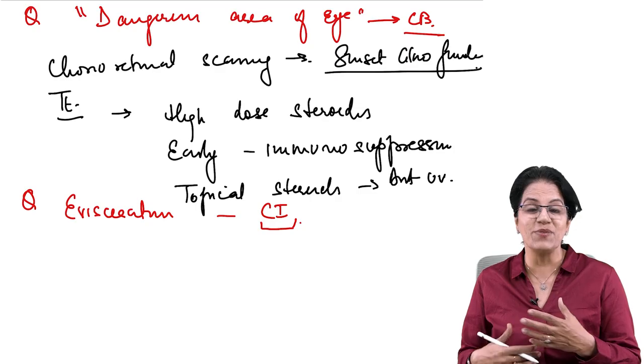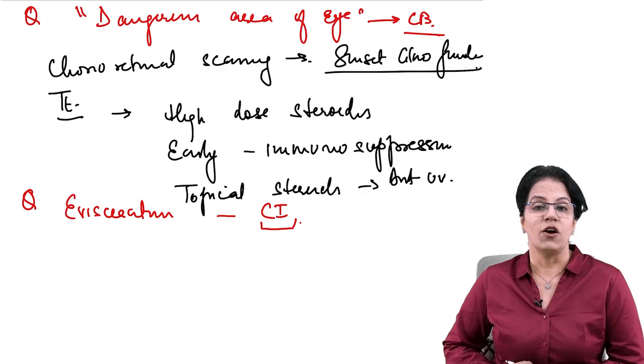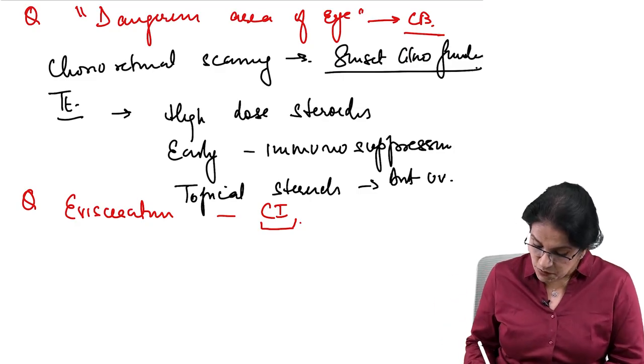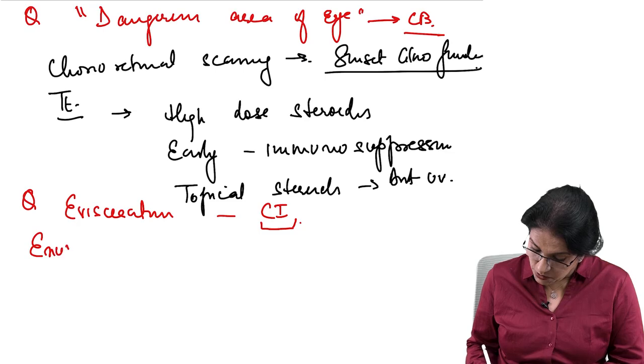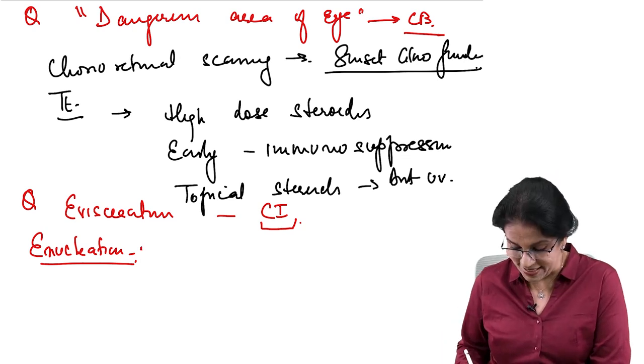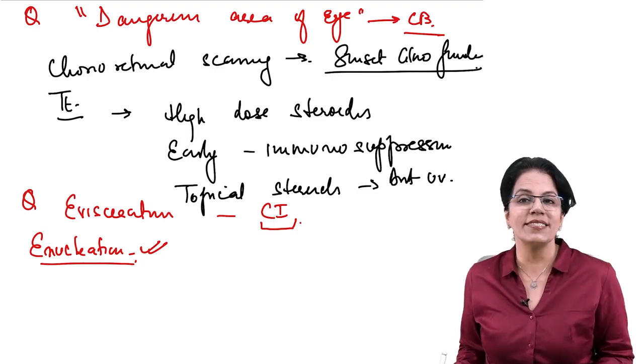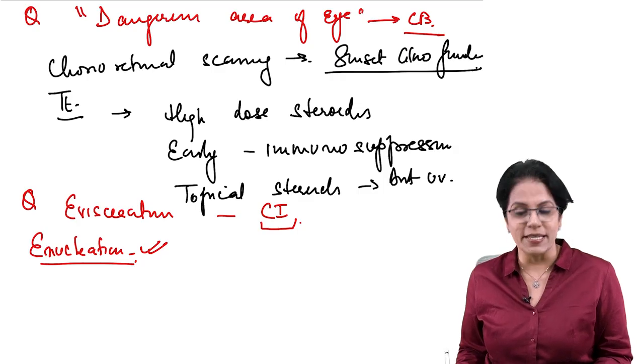That is why we shouldn't be doing evisceration, because it's a big risk of the same autoimmune reaction. If I have to remove the eye, we go for enucleation. We will remove the whole eyeball along with the maximum part of the optic nerve. Please remember this. This is important and asked in the exam. Right? So these are the questions that are asked for sympathetic ophthalmitis.